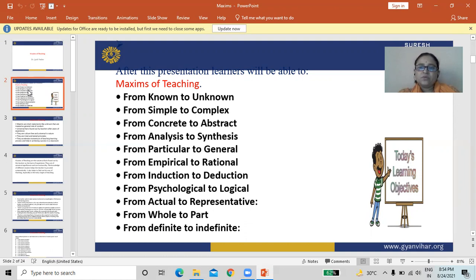A student will be able to understand all maxims of teaching.